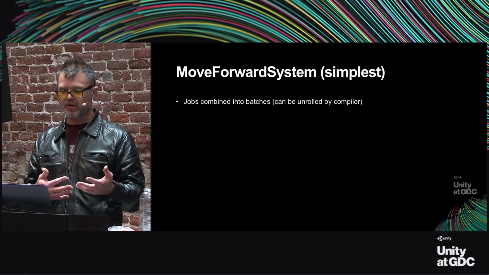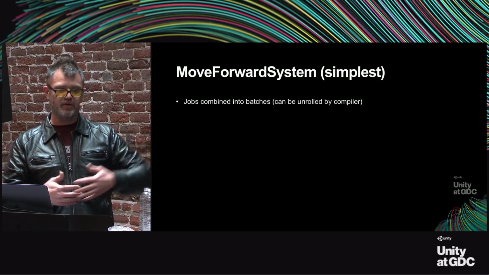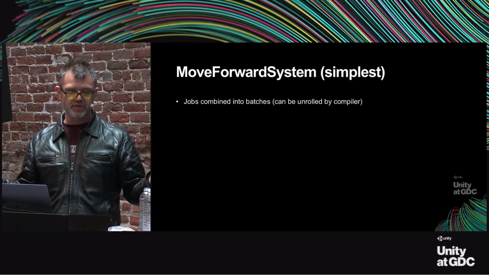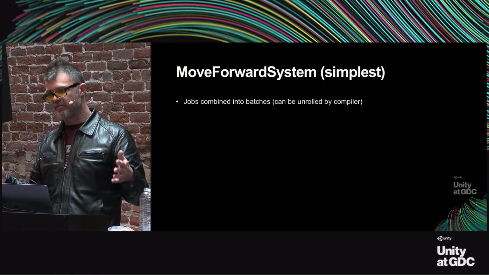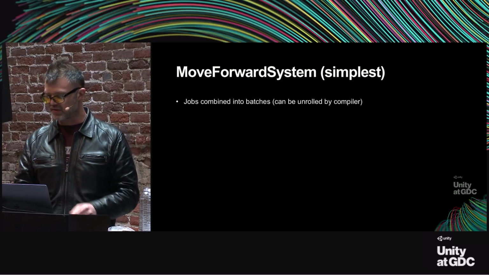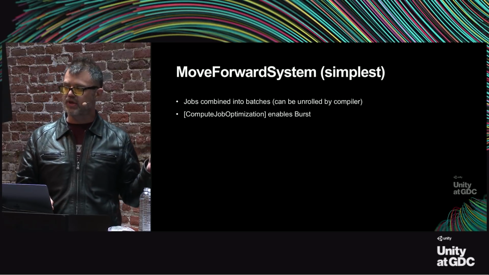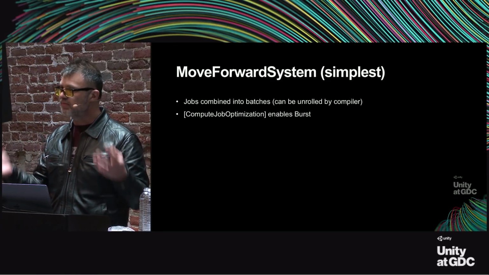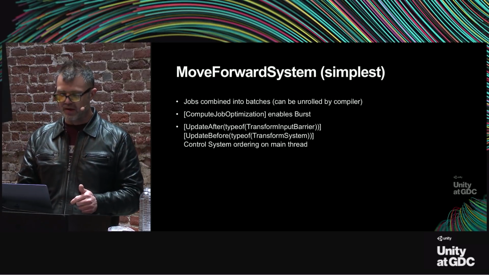Part of which you can hint on your end from the API, and those loops going over a bunch of these kernels on a particular thread can then be unrolled by the compiler, so you can get maximized performance within that particular batch. Specifically, we have an attribute called compute job optimization, which is the thing that enables our burst compiler. So if you're going to test it, you need to turn it on.